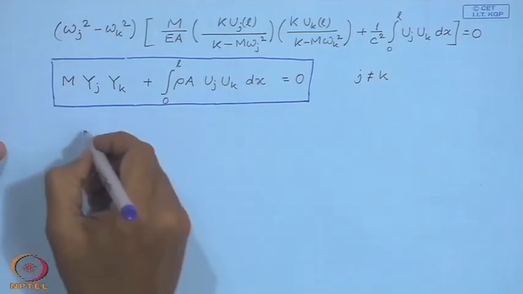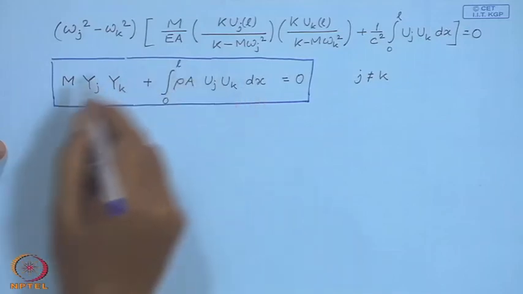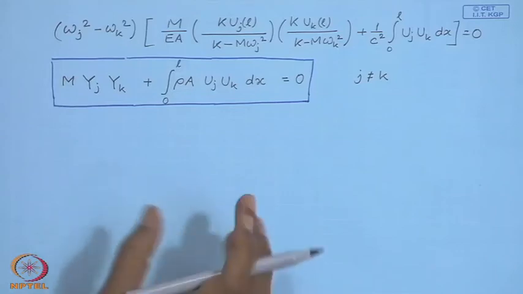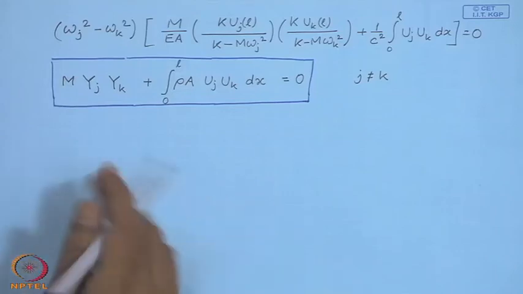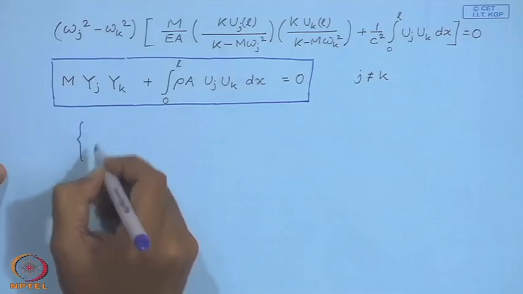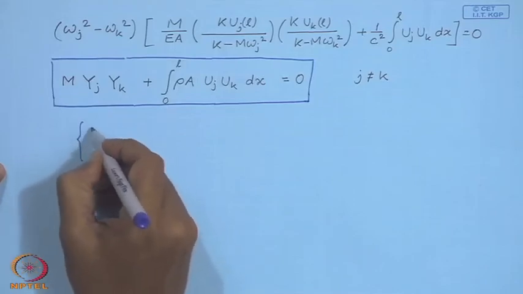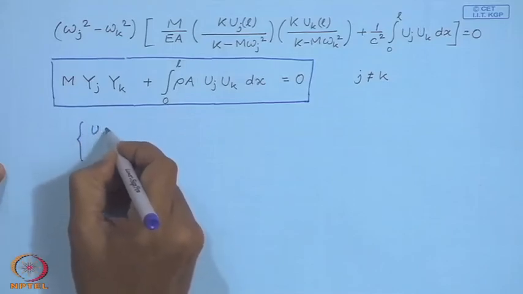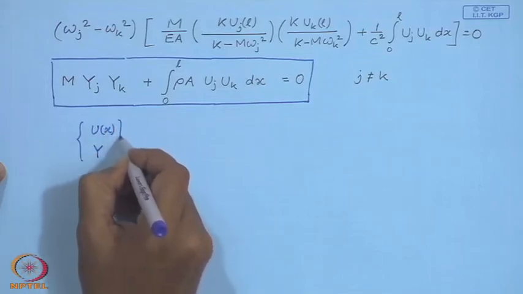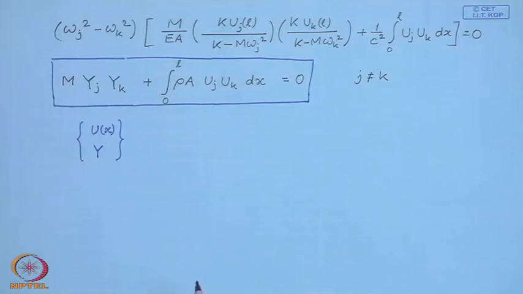Remember that in the case of a hybrid system in which we have a continuous and a discrete system, we had this eigenfunction vector which we had discussed in the previous lecture.